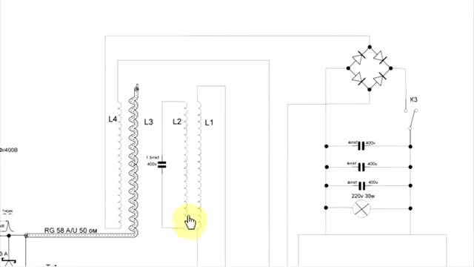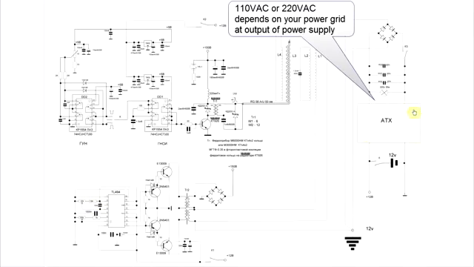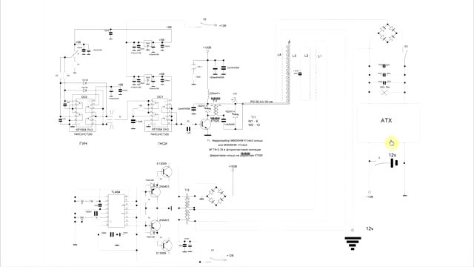That would be L2. L2 is just a coil and a capacitor not connected anywhere. And L1 is connected to the lower impulse forming circuit. The experimenter must take that power supply and connect it in the configuration as in the schematic.